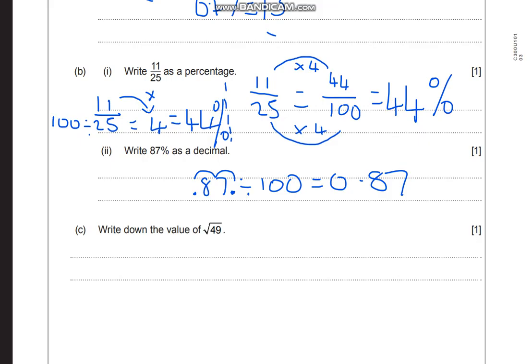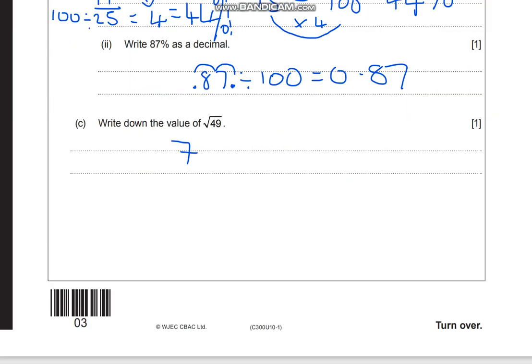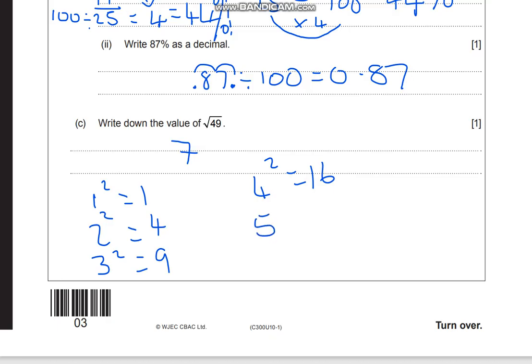And finally, for question 1, write down the value of the square root of 49. Square root of 49 is going to be 7. If you are unsure of this, you can write out 1 squared is 1. 2 squared is 4. 3 squared is 3 times 3, which is 9. 4 squared is 16. 5 squared is 25. 6 squared is 36.